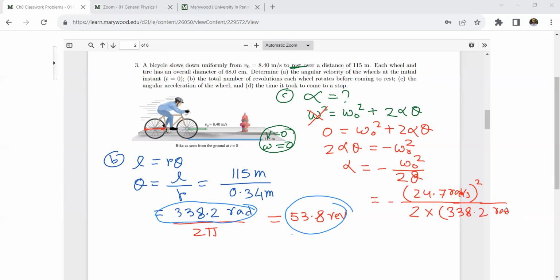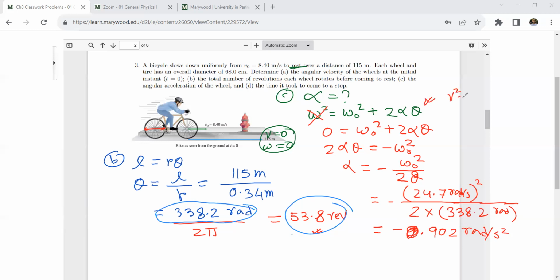If you substitute the other value, you'll get an incorrect answer. Once you plug in all these values, what I got in my calculator is negative 0.902 rad per second squared.